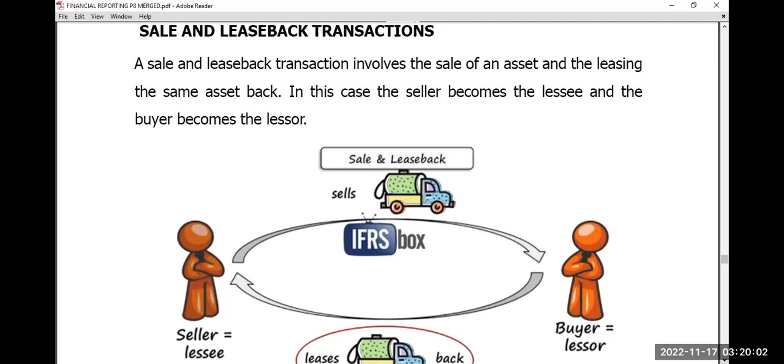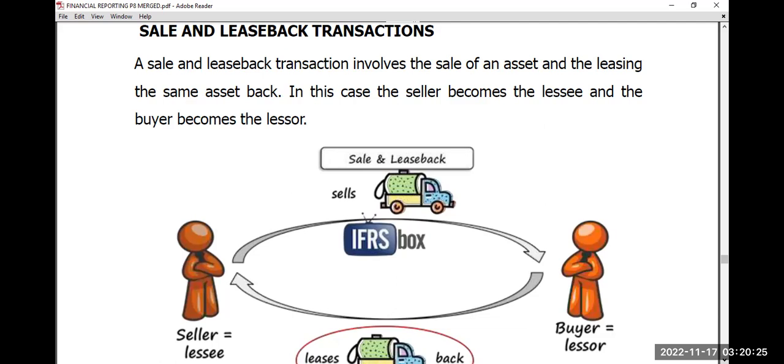When they sell these assets to the other party, the other party will give them cash. But after receiving this cash, they use some of the money to lease the asset back.